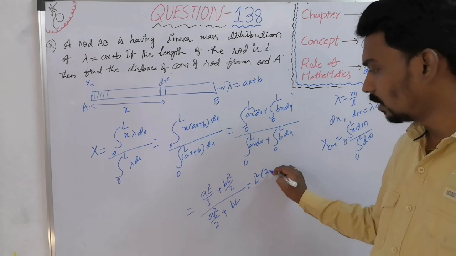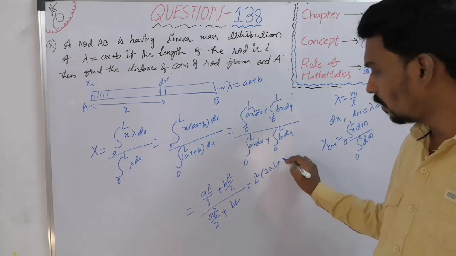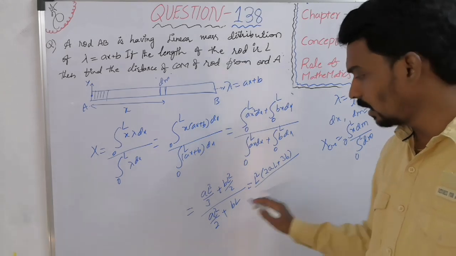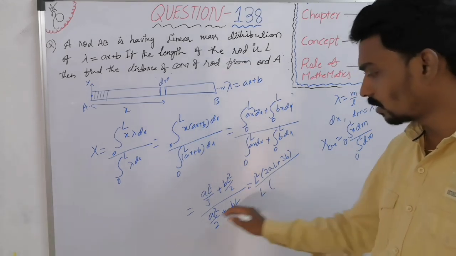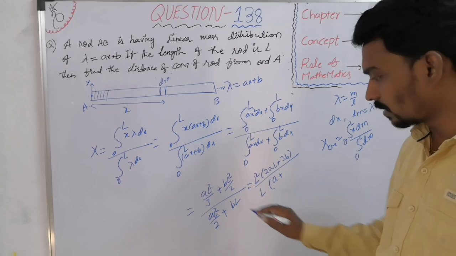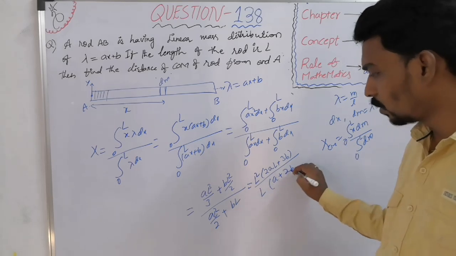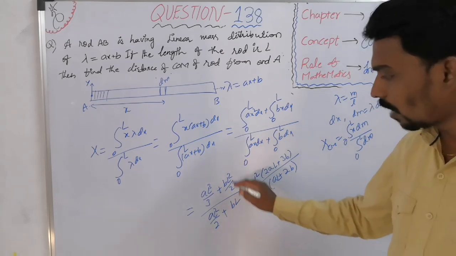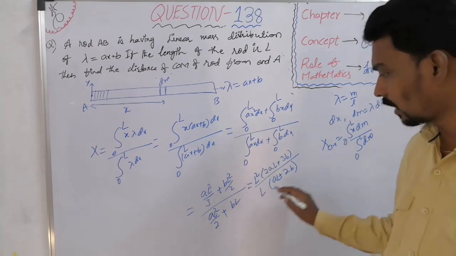So it will become (2aL plus 3b) whole divided by, here you take L common, so that will become a plus 2aL plus 2b, and this 2 will go up and this 3 into 2 will come down.